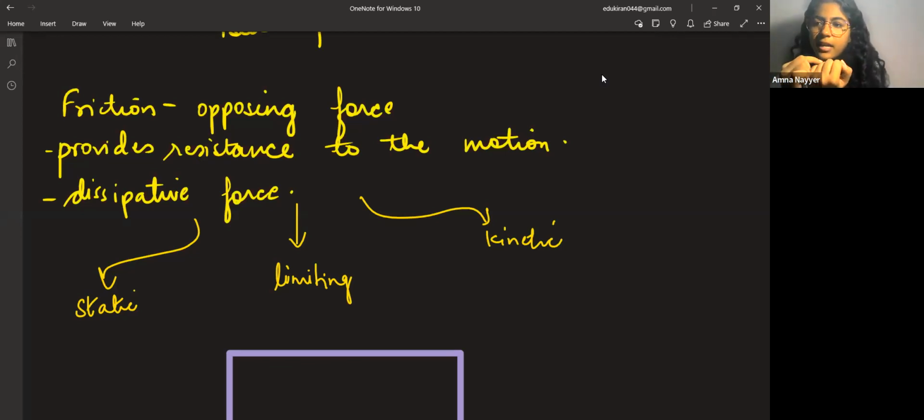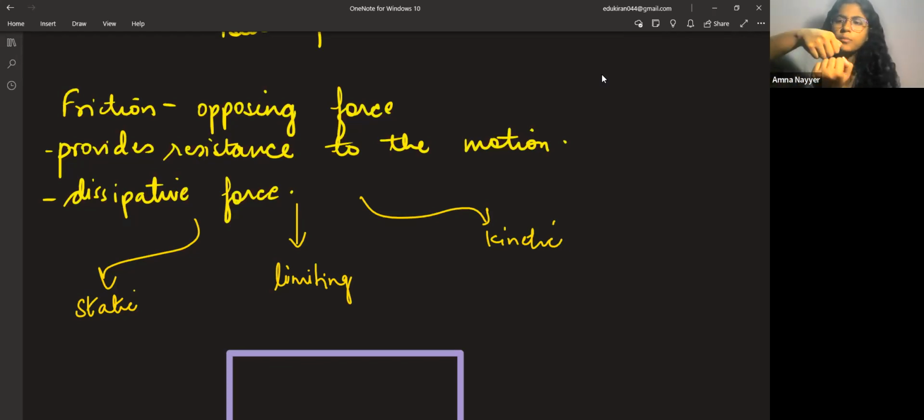So suppose these are the irregularities of one surface, exactly at the microscopic level. Some irregularities we are able to see by ourselves, some we are not able to feel, but most of the irregularities we are able to at least identify. We can at least say this surface is smooth, this surface is rough, and there is one more surface. This surface also has irregularities, smoothness is not there.